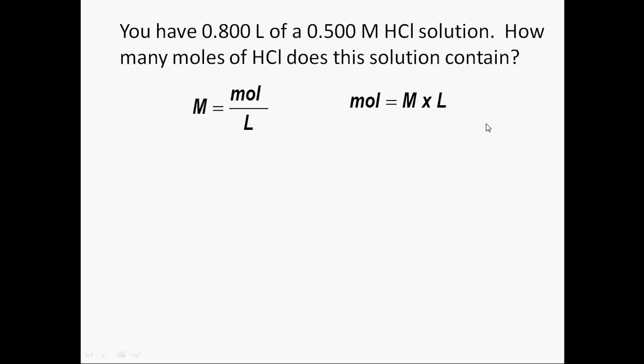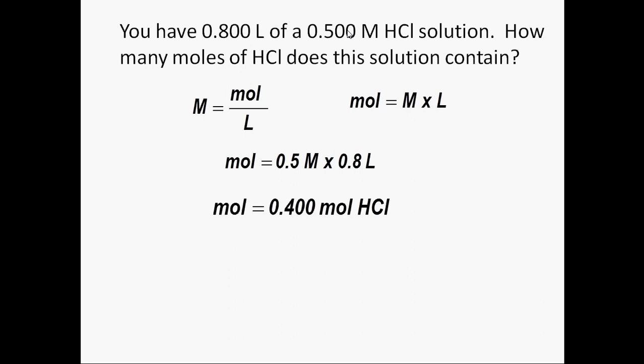Now I know the molarity of my solution is given to me right here with that capital M giving me that clear signal, and I know the number of liters of solution that I've got there. So now I just plug them in. And I end up with 0.400 moles of HCl, being sure to take the least number of sig figs.